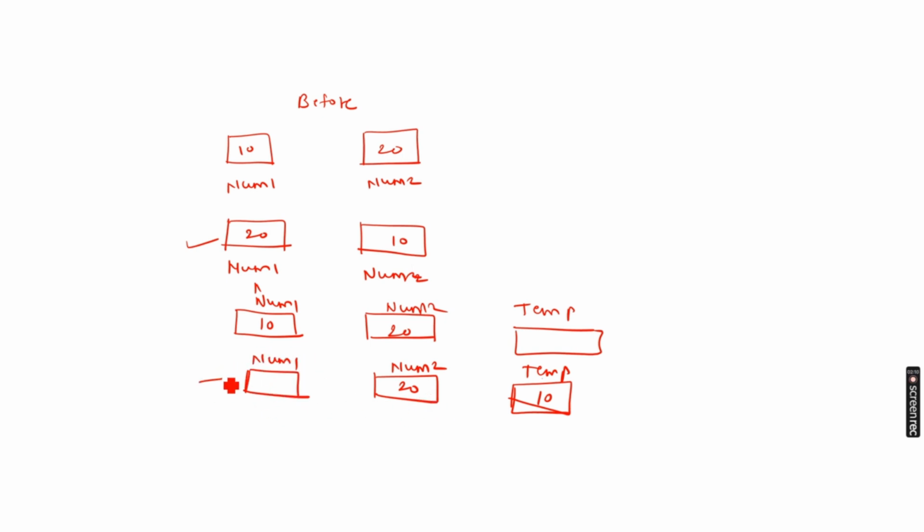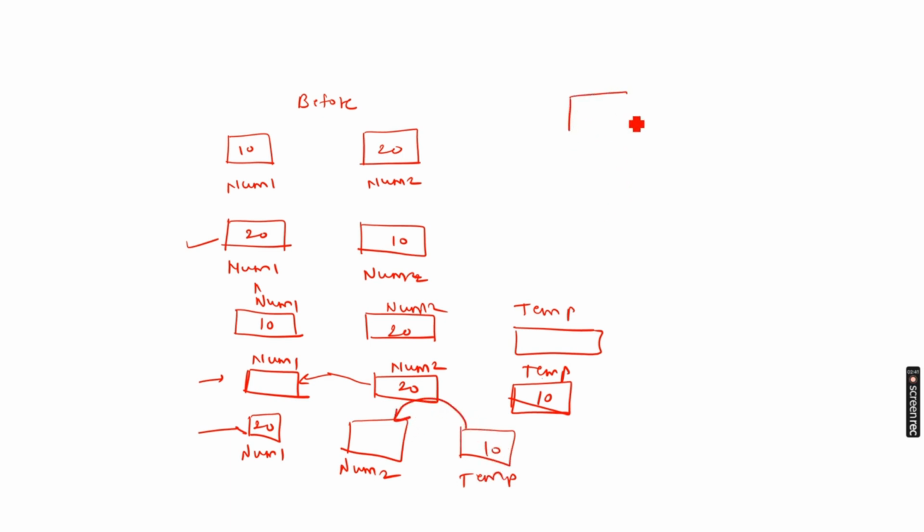So in the next step I am moving this number 20 into num1. Now num2 is vacant and my temp will contain 10. So in the next step, I am going to move this 10 from the temporary variable into num2.